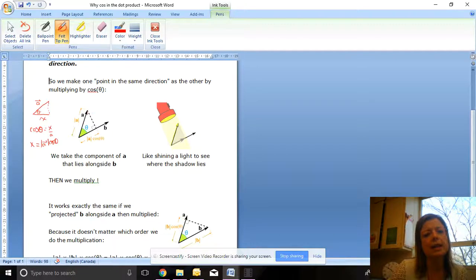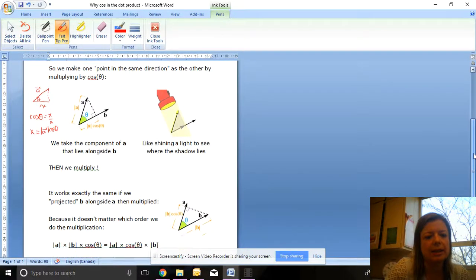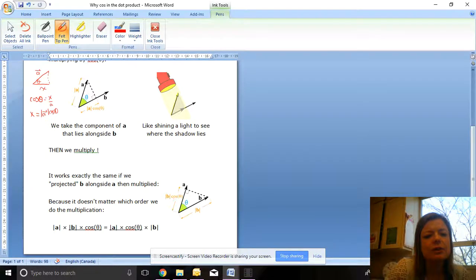It's like taking a light and shining down. How long is this on B? Then you multiply the magnitude of that times the magnitude of B, and that's what the dot product is. It doesn't matter if you project onto B or onto A. Then this would just be the magnitude of A, and this length would be B cos theta. So you can do it either way.